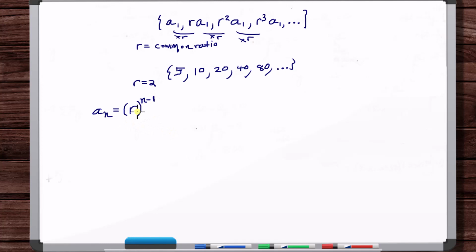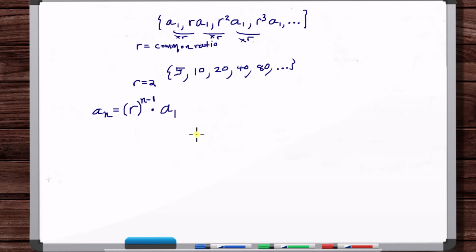So when n is equal to 1, this is r to the 0, this goes to 1, and then you multiply by your first term. So now when n is equal to 1, a sub 1 is equal to a1. For a sub 2, you get r to the 1 power times a sub 1. For n equal to 3, r squared times a sub 1, and so on.